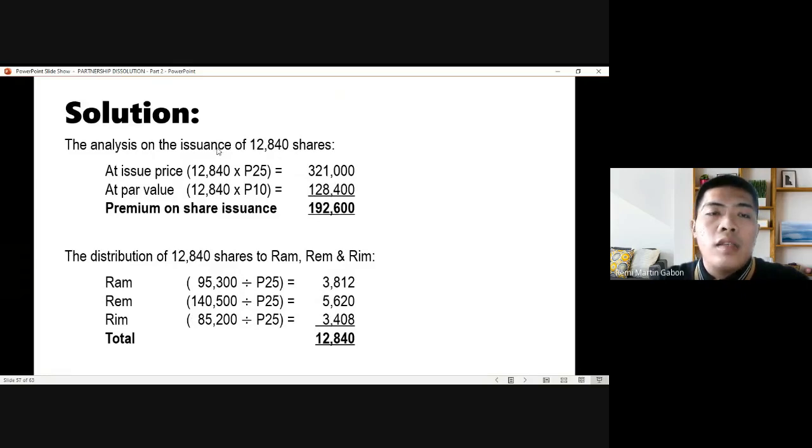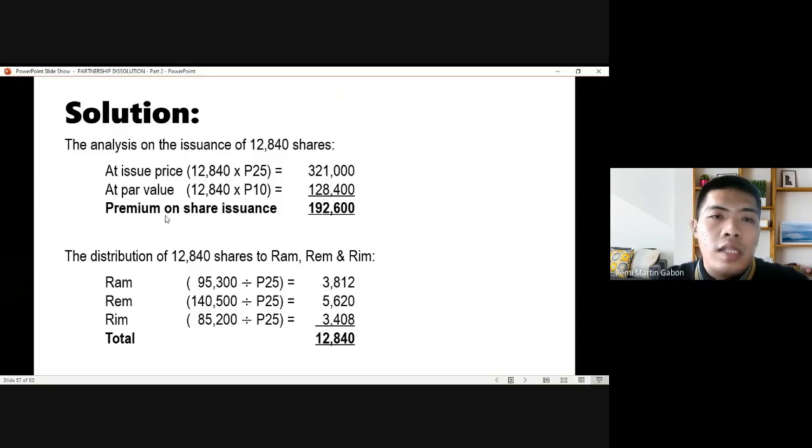So the analysis of issuance of 12,840 shares: the issue price of the 12,840 shares times the 25 issue price per share will be 321,000. Par value of the 12,840 shares, times 10 pesos per share, so 128,400.